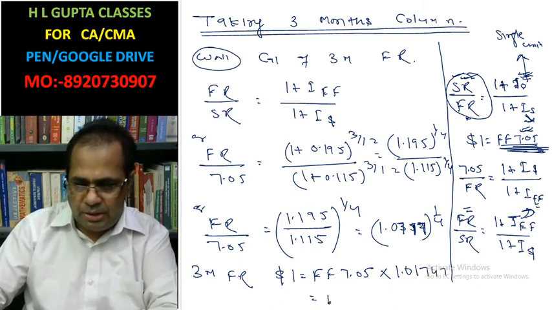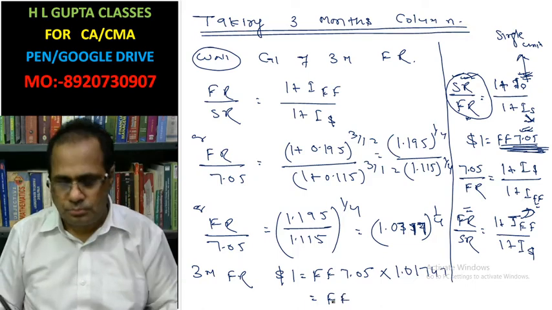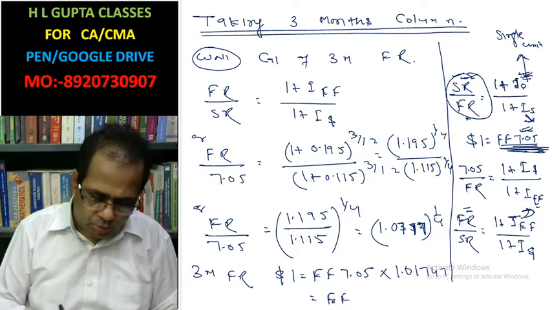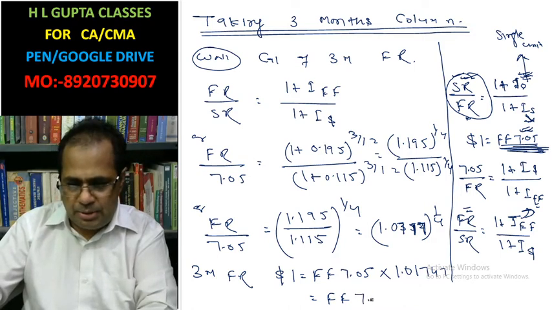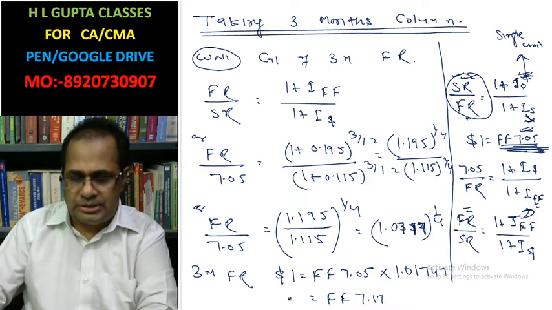Thereafter you will calculate French franc 7.05 into 1.01747, which is 7.17. So this is your first answer.